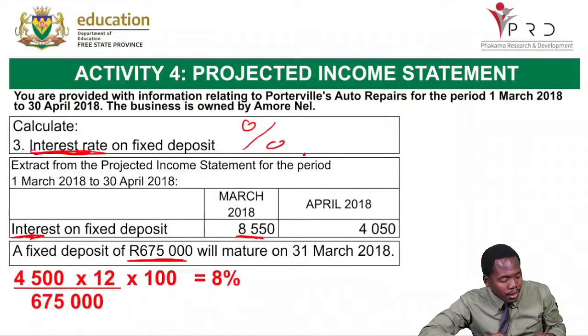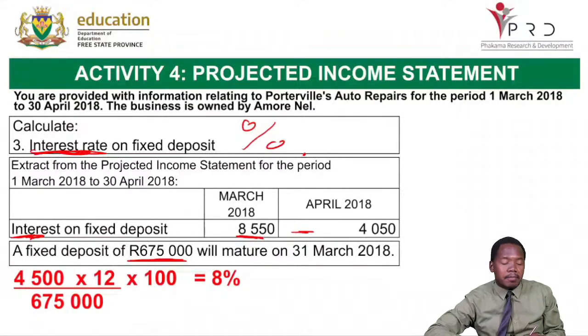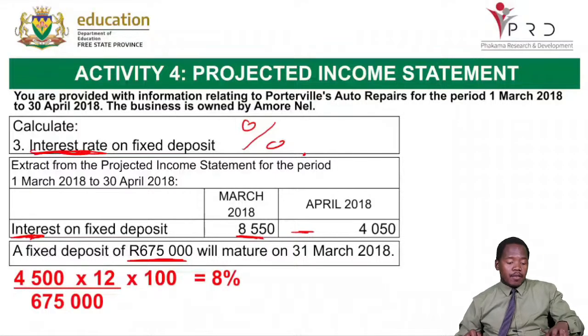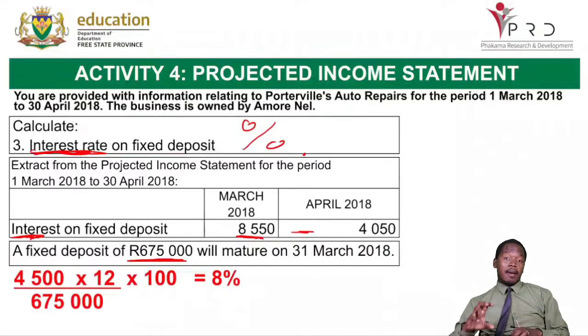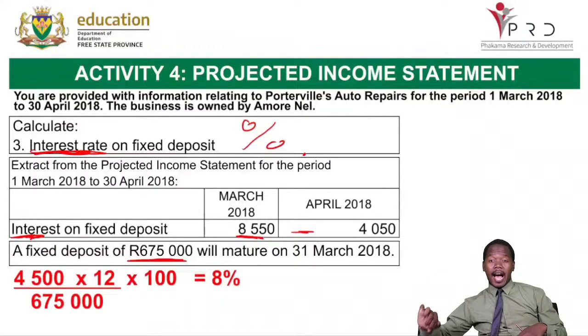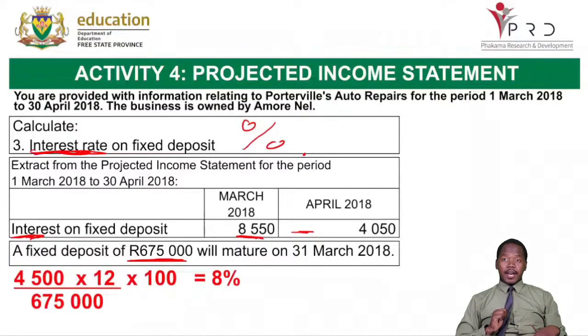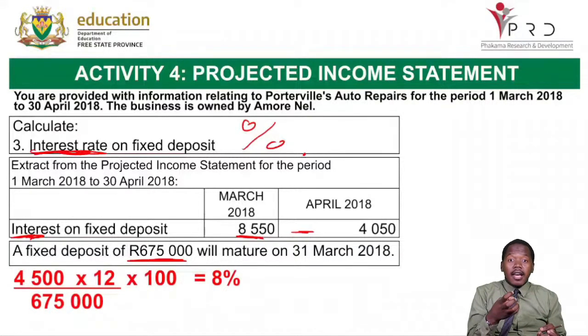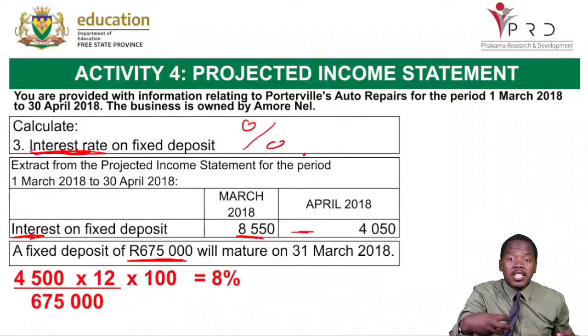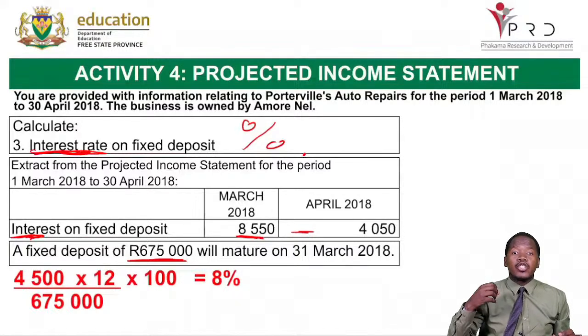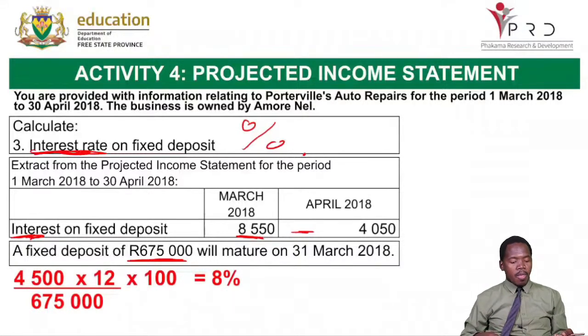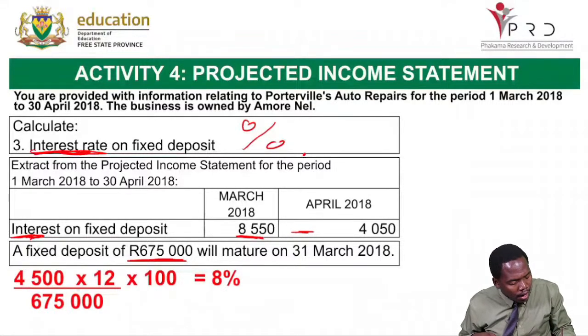Now, what is the first thing we do? We get the difference between the two interests. Remember, if you check here, interest for March is 8,550, but for April, it's going down. It is 4,050. Why is it going down now? Because the sum of the fixed deposit is no longer there. It matured.